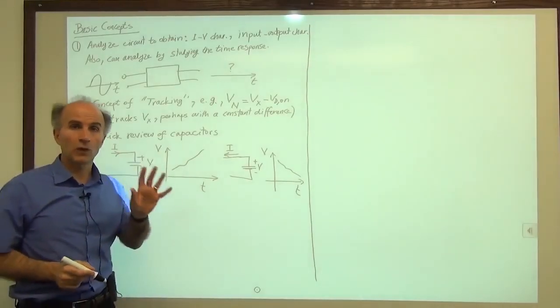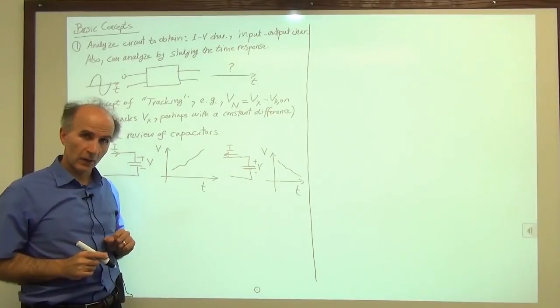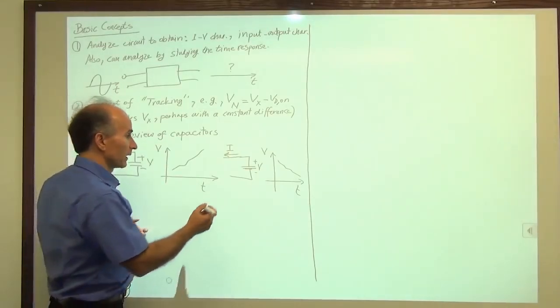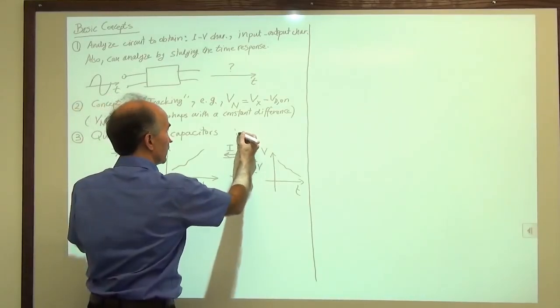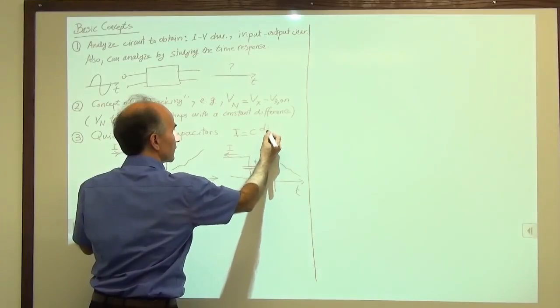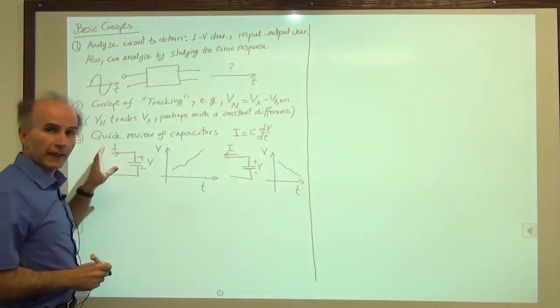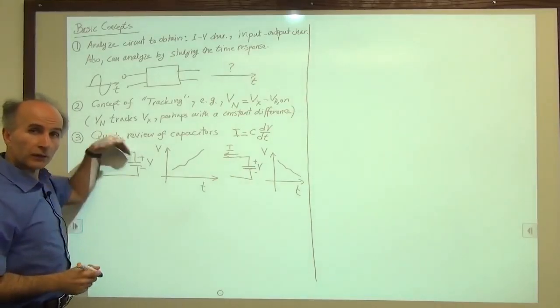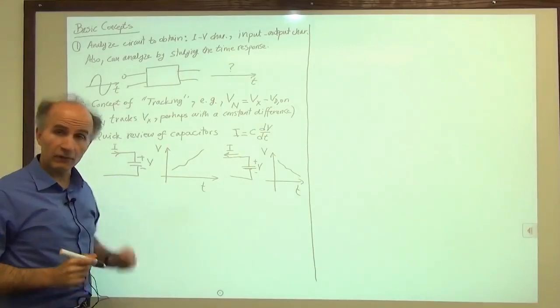So that's the only qualitative behavior that we need to remember right now. Of course, we know that the current and voltage of a capacitor are related by I is equal to C dV over dt. But for now, all we need to remember is that if we push positive charge onto the capacitor, the voltage wants to go up, and vice versa.